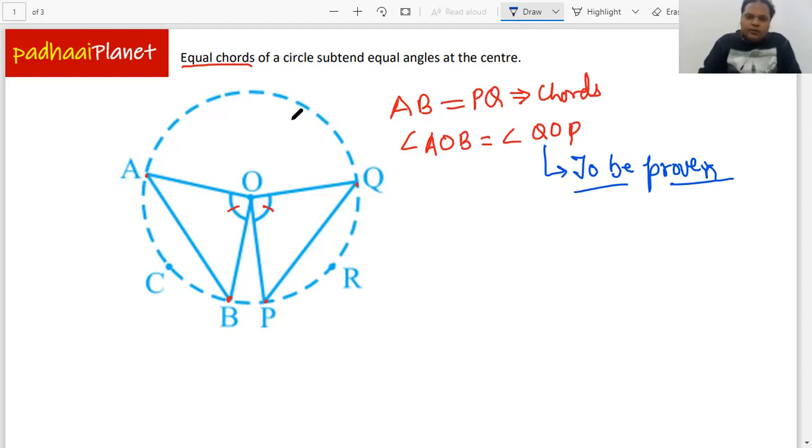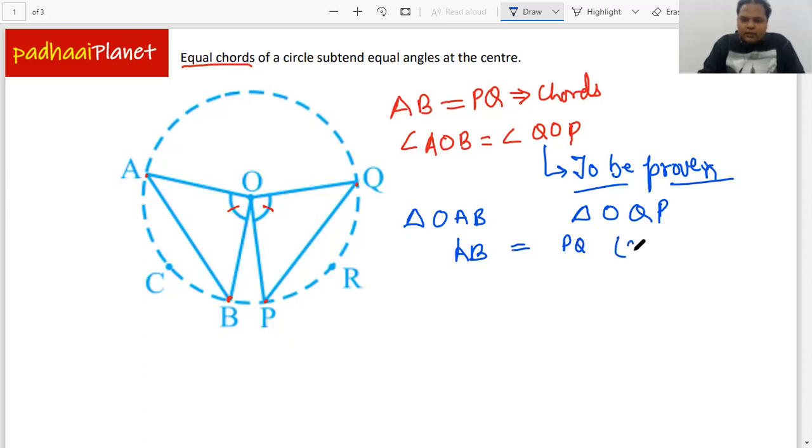What we are going to do is simply consider two triangles: triangle OAB and triangle OQP. When we consider these two triangles, we can say that AB is equal to PQ, which is given in the question.